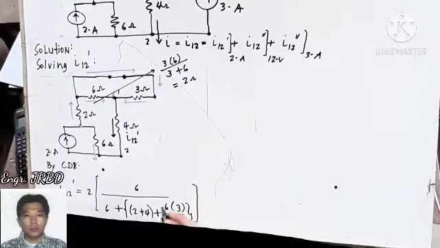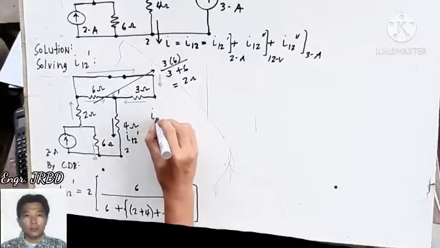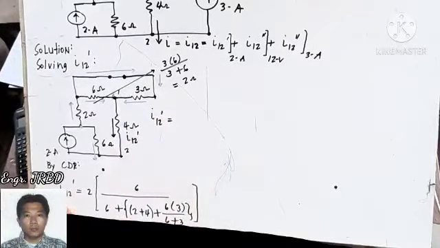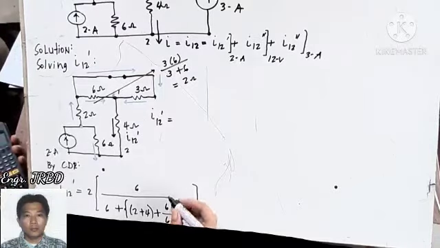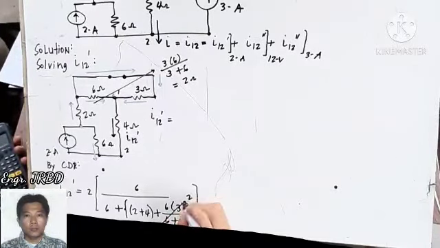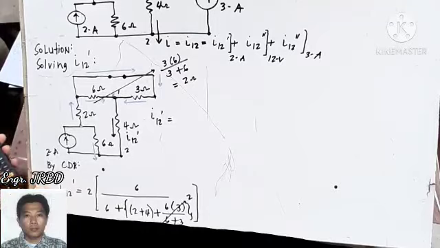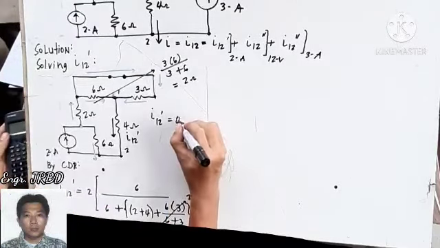This is now your I-12 prime. Okay. Let us try to compute. This is 2 ohms. So 12 divided by 6 plus 6 plus 2, that is 0.857 amperes.